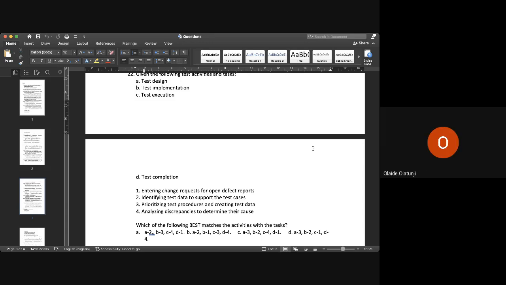Can be prioritizing test procedures and creating test data. Do you agree with me? You don't agree. Prioritizing test procedures and what is it?